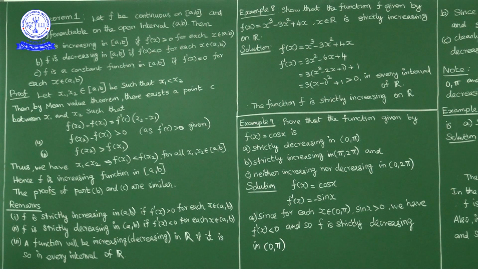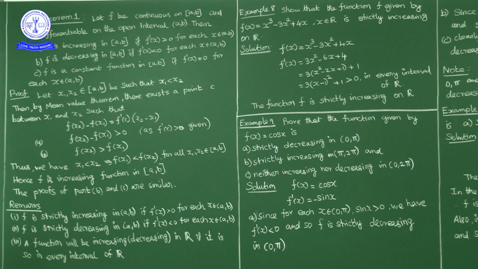Okay. What is given: f is continuous on the closed interval [a, b], and f is differentiable on the open interval (a, b). Now, by the mean value theorem, I will consider first of all x1 and x2 to be two elements in the closed interval [a, b] such that x1 is less than x2.